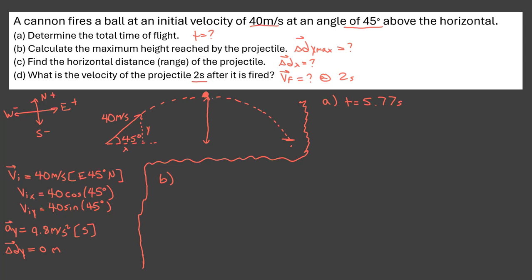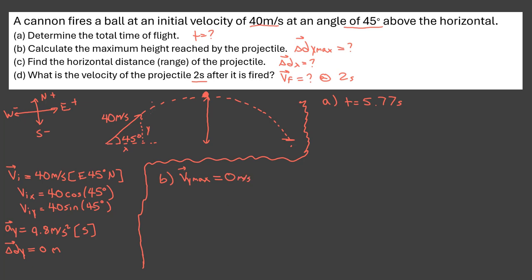And to find that, there is a key piece of information we need to know when dealing with any projectile motion problem, and it's that at the maximum height, we have to assume that the velocity in the y component, or the y dimension, is going to be equal to 0. So the Vy at the max height is going to be equal to 0 meters per second.